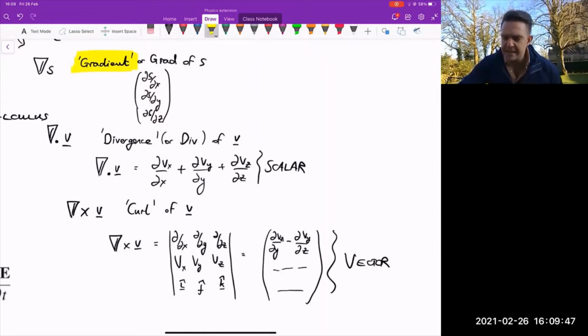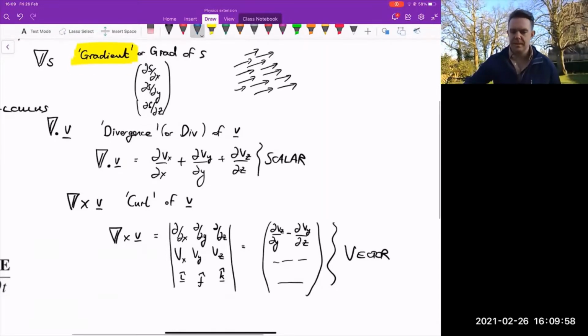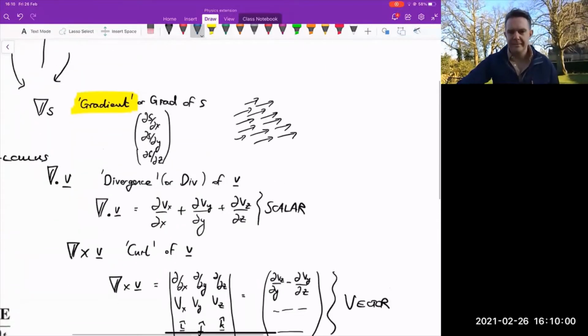Then the gradient tells you something about how the value of the vector changes as you move through space in any particular direction. So it's literally just the same old gradient we're used to. It's just in a particular direction.